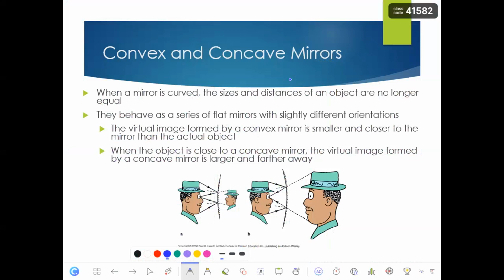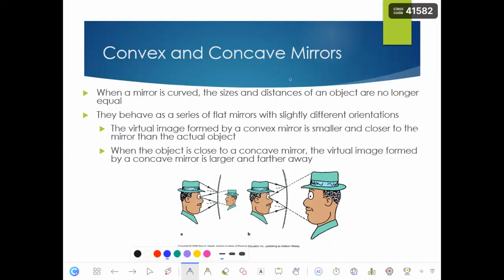The image created by a convex mirror is always virtual and is closer to the mirror than the actual object. So we call this curved mirror a convex mirror. Okay?